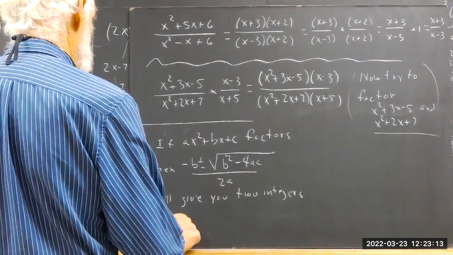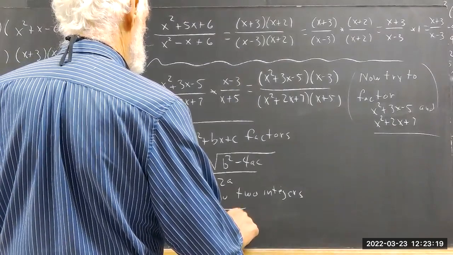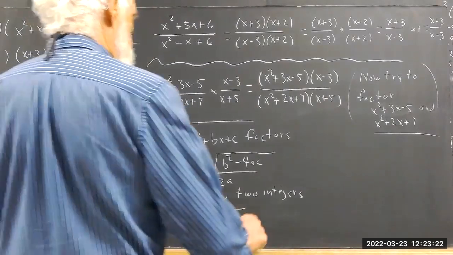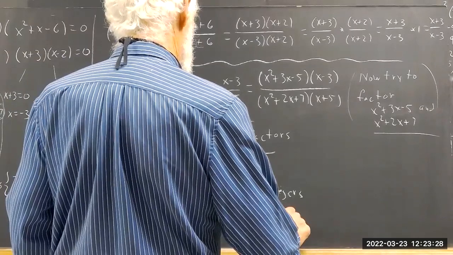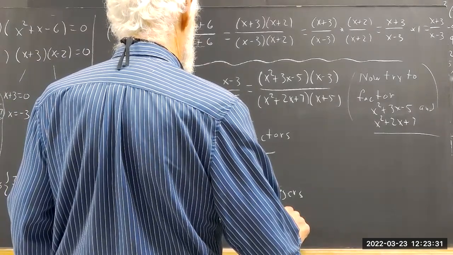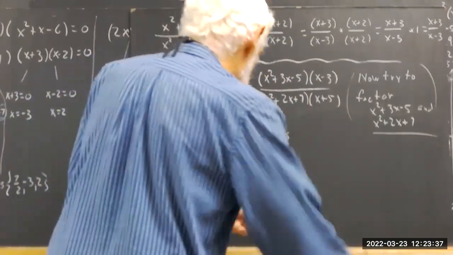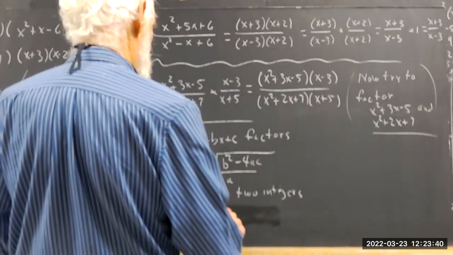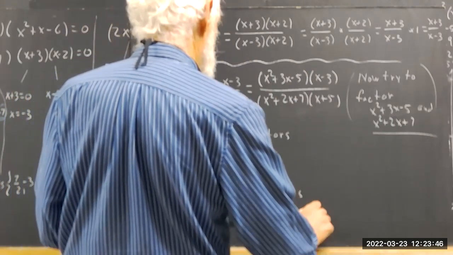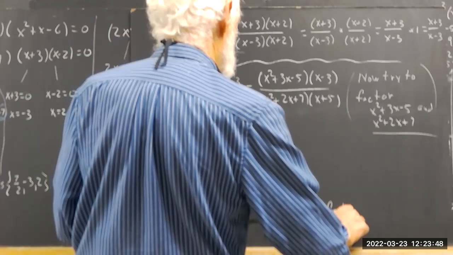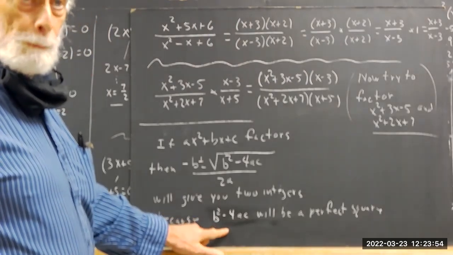Because the square root of b squared minus 4ac, because b squared minus 4ac will be a perfect square.